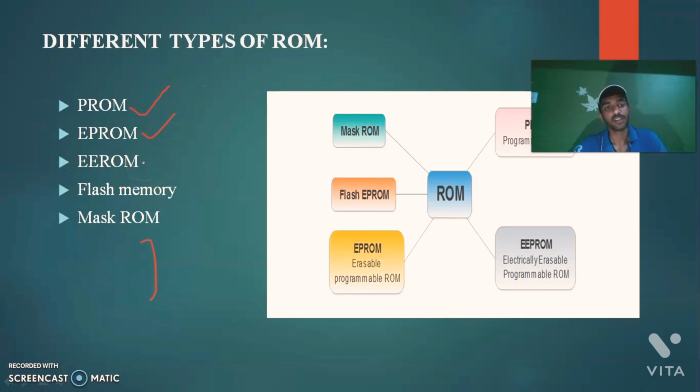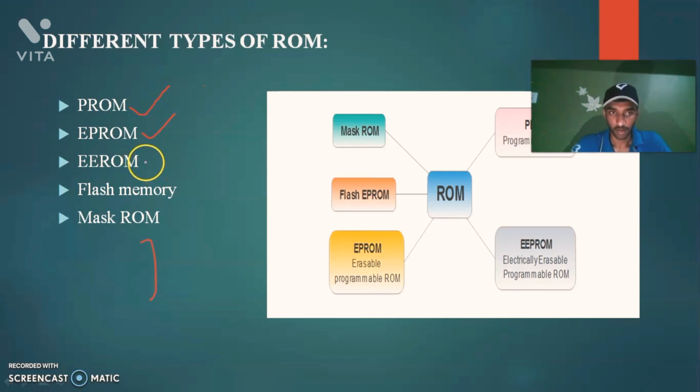EEPROM is an advanced version of EPROM. Where erasing is done through UV rays in the EPROM, in EEPROM it is done electrically, that's why it's named electrically erasable ROM.